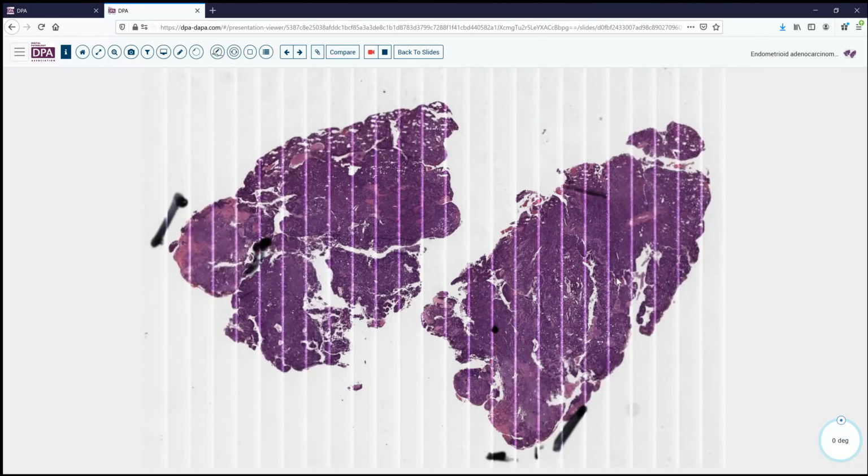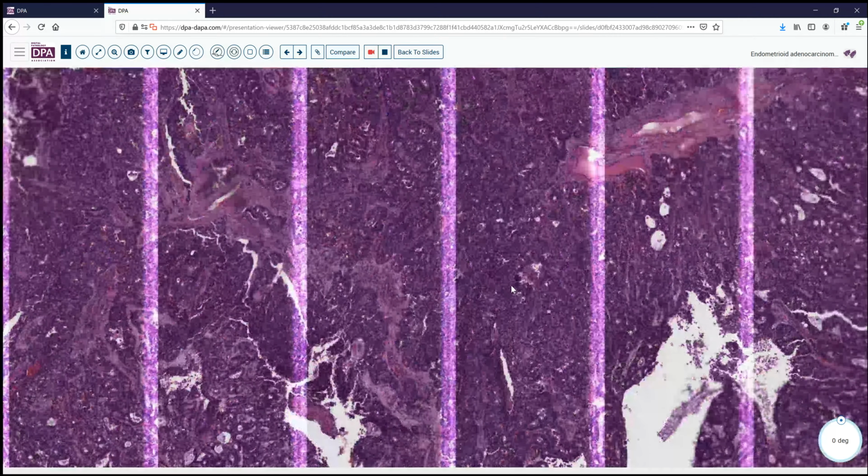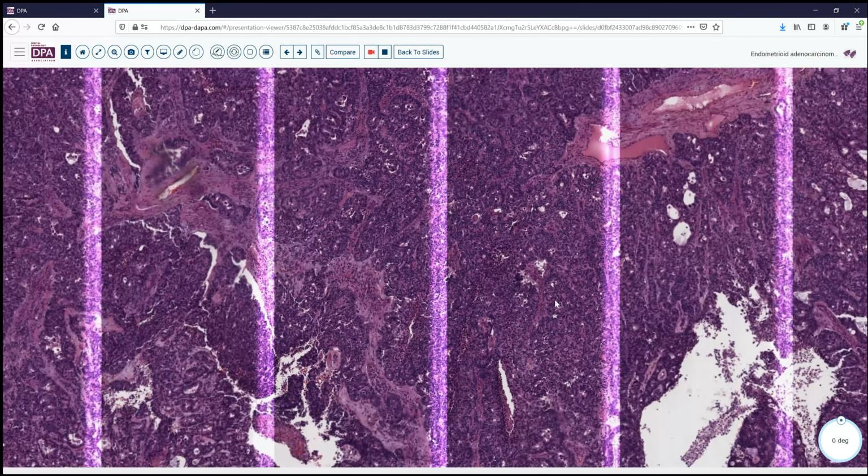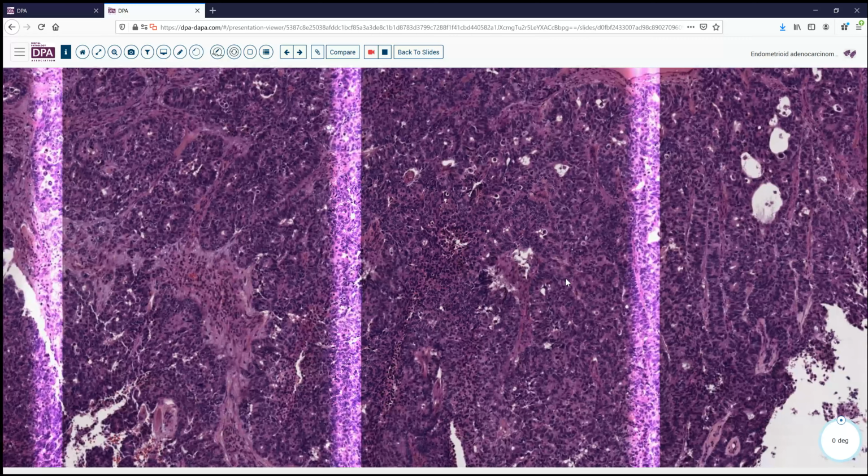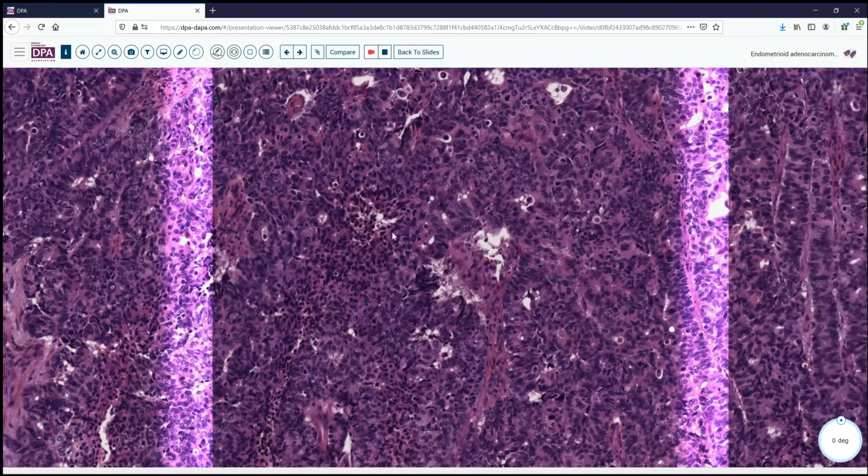Here's another case, again, an ovarian lesion and mostly solid growth. Apologize for the poor scanning functionality here. We can see areas of necrosis. We see some solid growth, some glandular growth, mostly columnar cells.